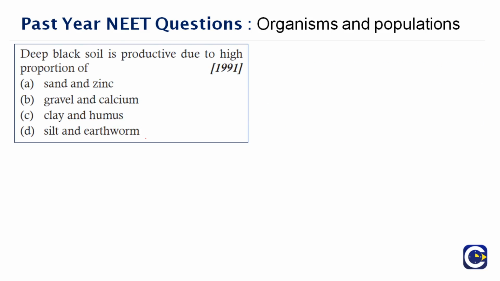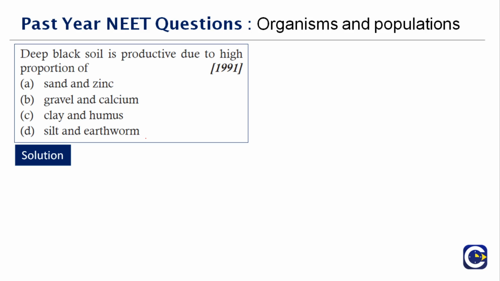Okay, next question here. Deep black soil is productive due to the high proportion of dash. Now let's talk about the black soil. We all know the color gives it the name black soil, but what are the other things that you can talk about black soil?